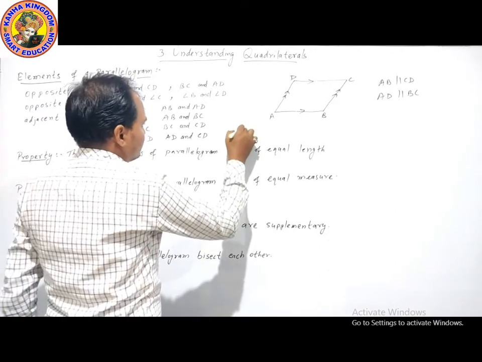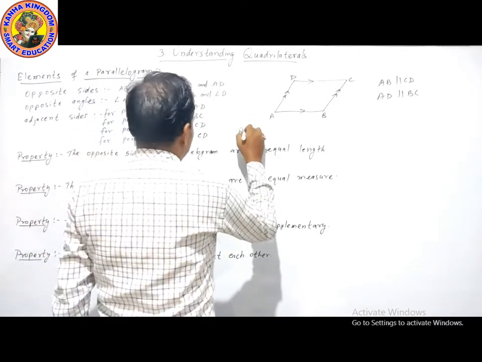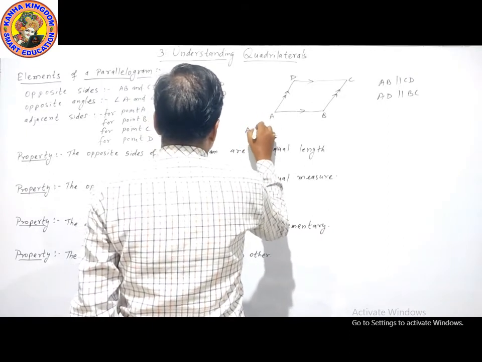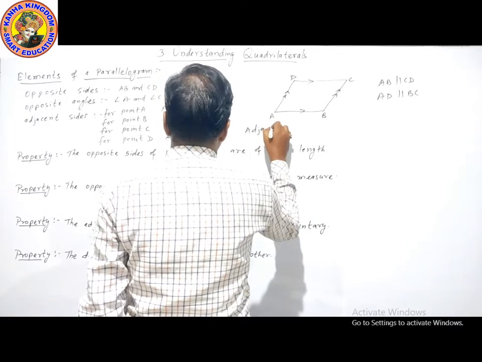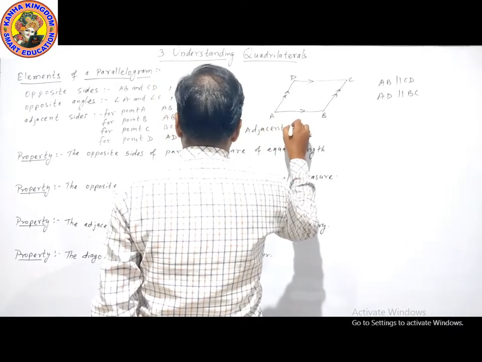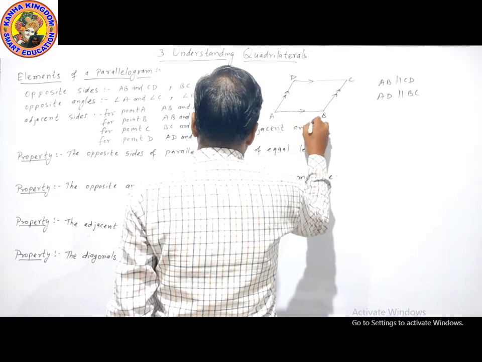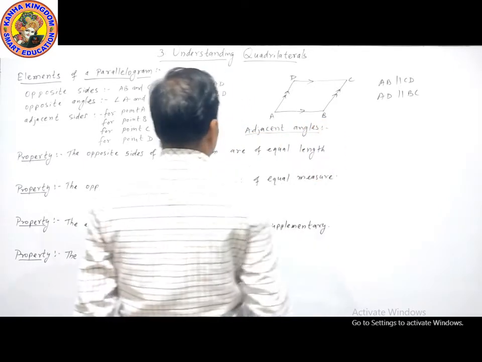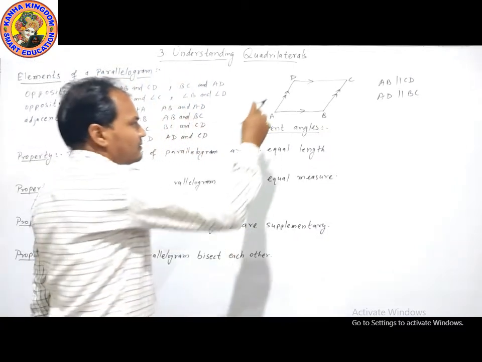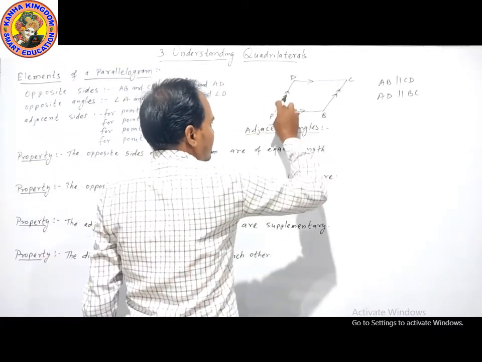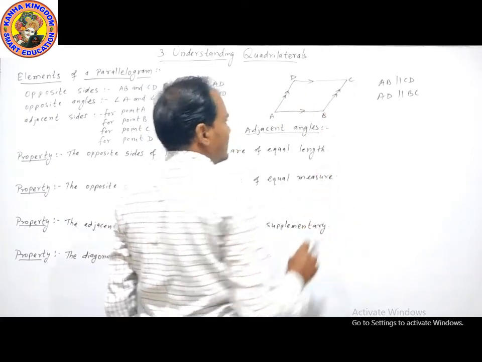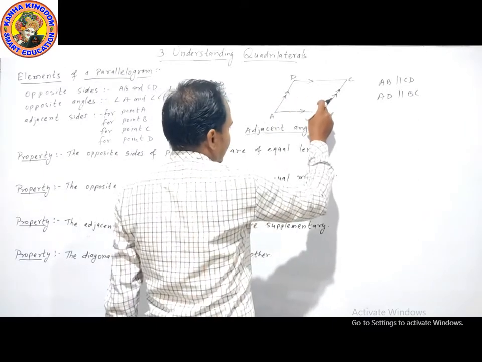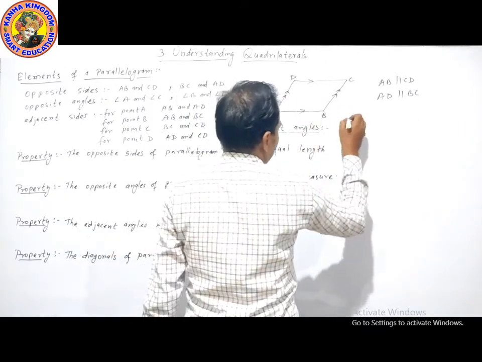Now next is adjacent angle. Which are the adjacent angles? Angle A and angle C are opposite angles, but angle A and angle B are adjacent angles.